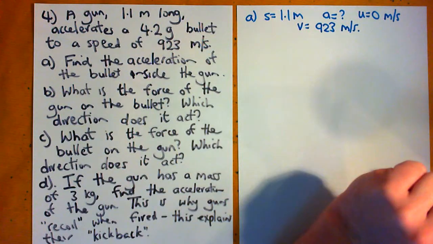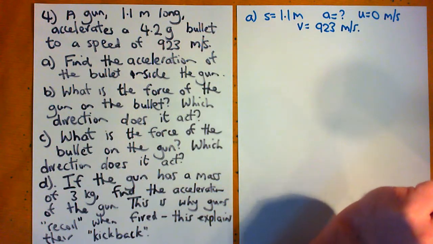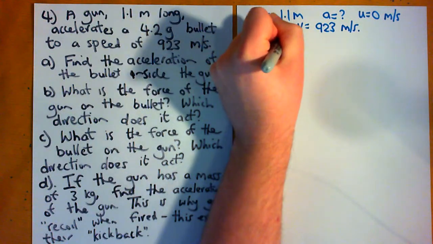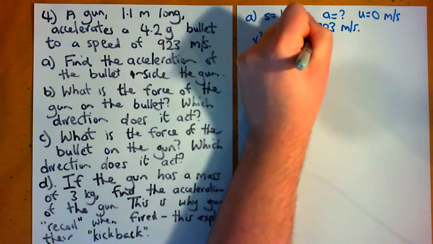So the kinematic equation of motion, which has S, A, U and V, is V squared equals U squared plus 2AS.